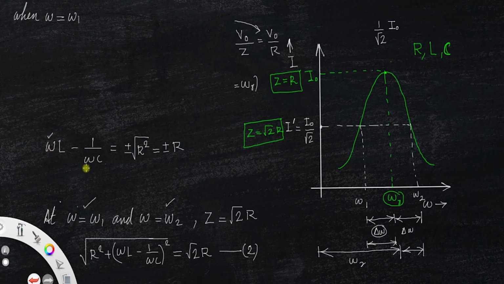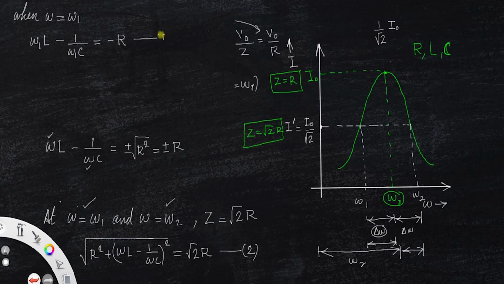This will become omega 1. So omega 1 L minus 1 by omega 1 C is equal to, let's take the first value, minus R, because these two variables satisfy this equation, as it is the solution.